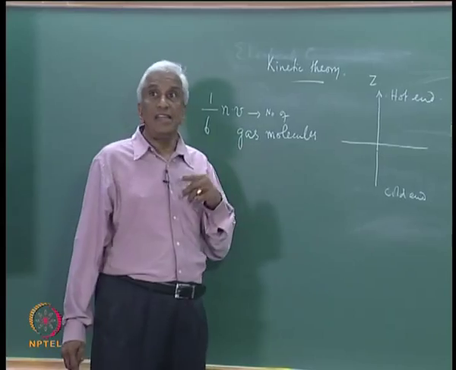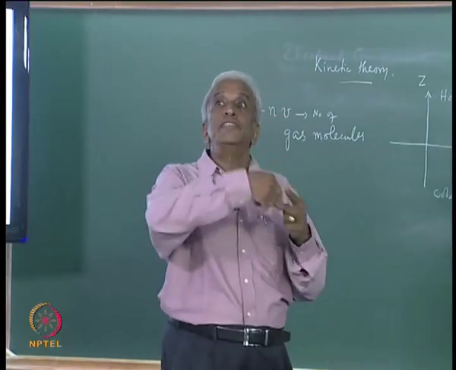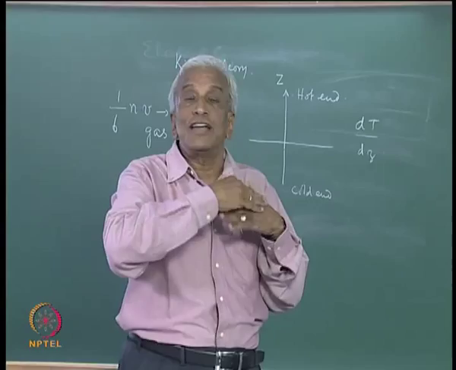So, if we consider the transport of heat across this unit area, the transport of heat is determined by the molecules which suffered a collision before the instant we are talking about.